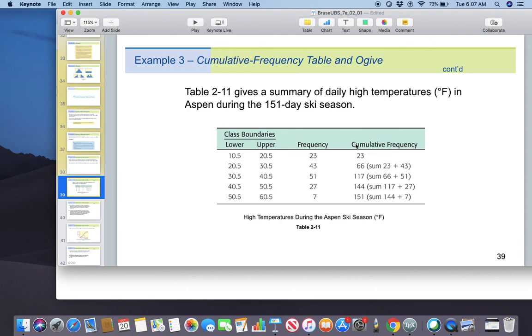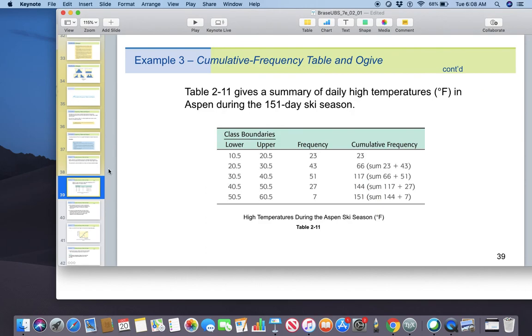That's what cumulative is. So this number plus whatever was previous, and that got you 66. Write 51 and now add the previous one. Write 27 and add the previous one, and so on. So basically, cumulative means you're adding this plus this plus this plus this plus this in all, like that.